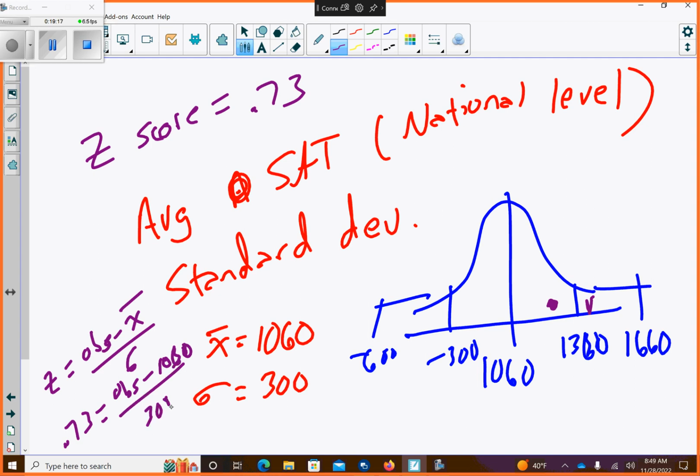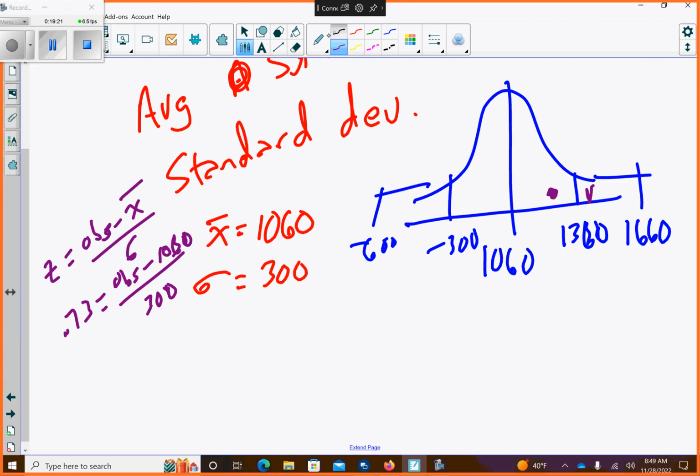You guys have a calculator available on your phone real quick? Let's do some algebra. What is 300 times 0.73? 219? Thank you.